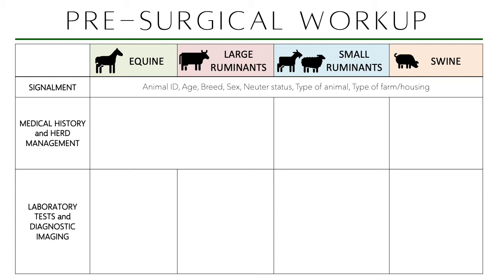Why do we need to collect this basic information? Signalment, like breed, age, sex, could actually predispose the animal to a certain disease. As we know, some diseases only occur in males, some diseases only occur in females, right?